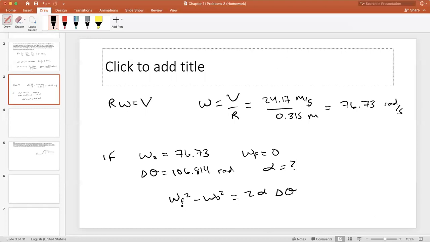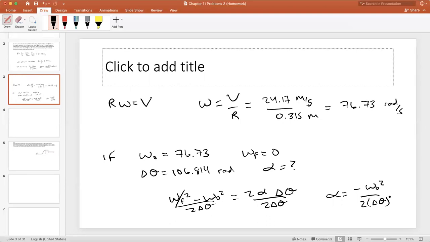And if I divide both sides by 2 times the change of theta, and I note that omega final is 0, I get that alpha is negative omega initial squared over 2 times the change of theta. And I'll let you guys figure out that number. It's negative because it's decelerating, but that's the whole concept here that I want to make sure you guys have down.